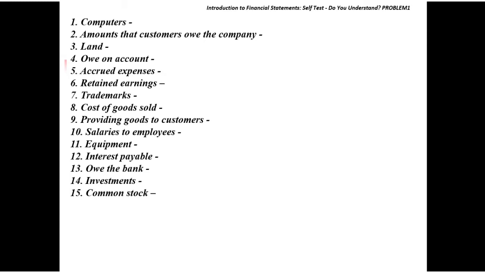Equipment. Interest payable. Owe the bank. Investments. Common stock. Advertising.